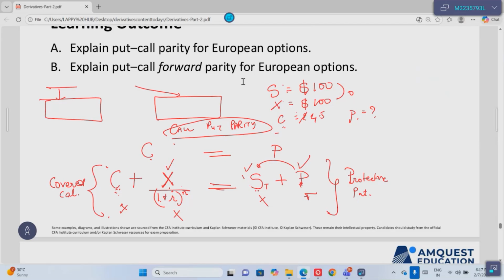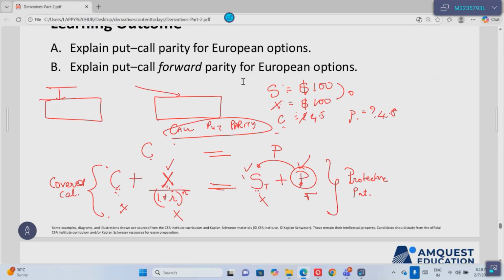I can replace S here, I can replace X here, I can replace C here, and I can find the missing number. P might be 4.8 maybe, right? You can use the parity to find out what is the value of the call and the put option when the strike price, stock price, and exercise prices are given. That's called call put parity.